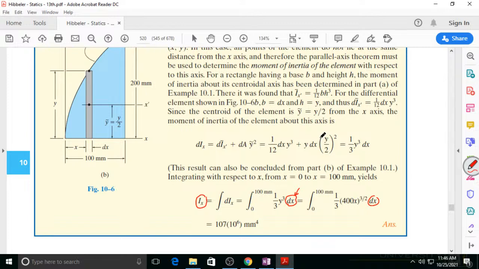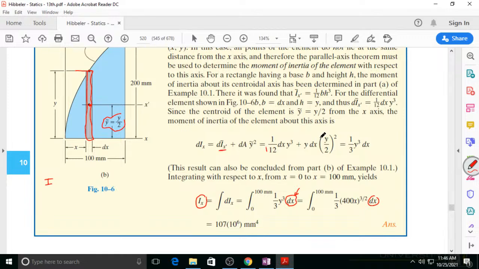What he does is he says there's an element that's like a tower here. And what it has is a centroid halfway up. This is the top.